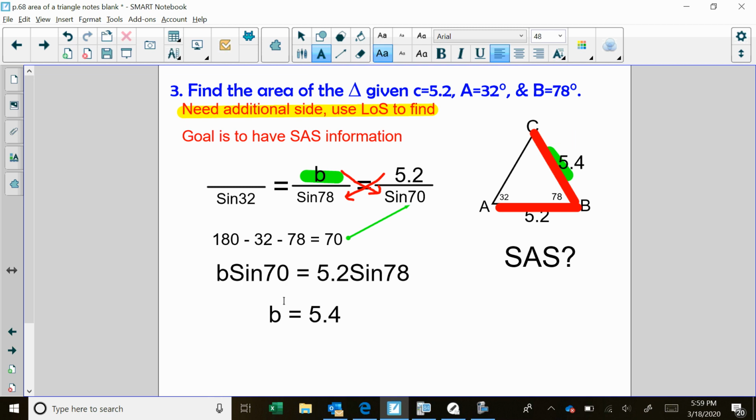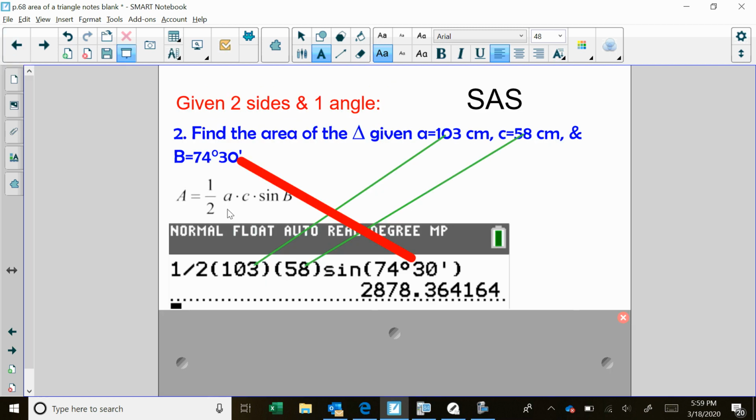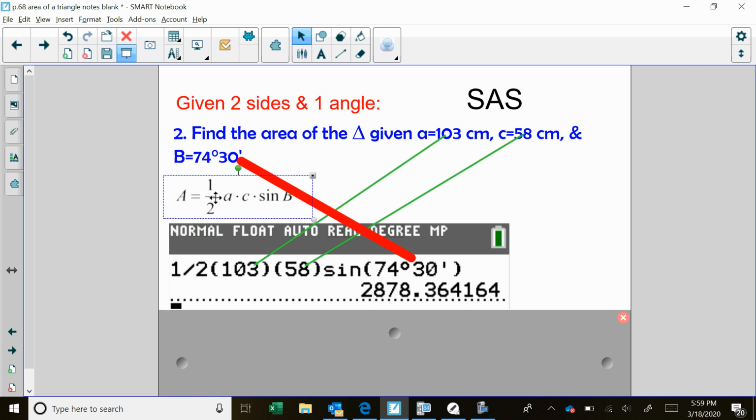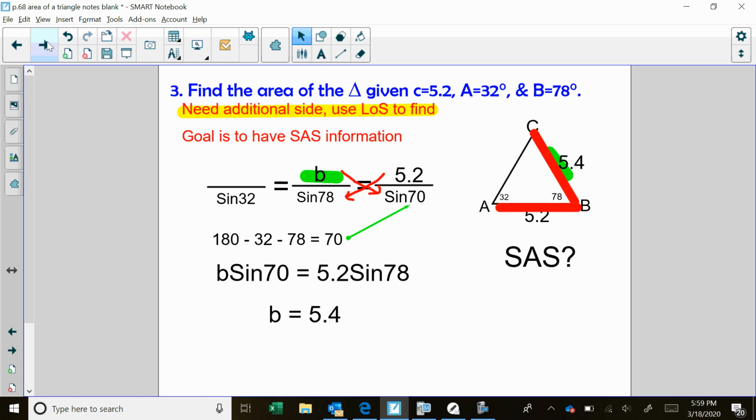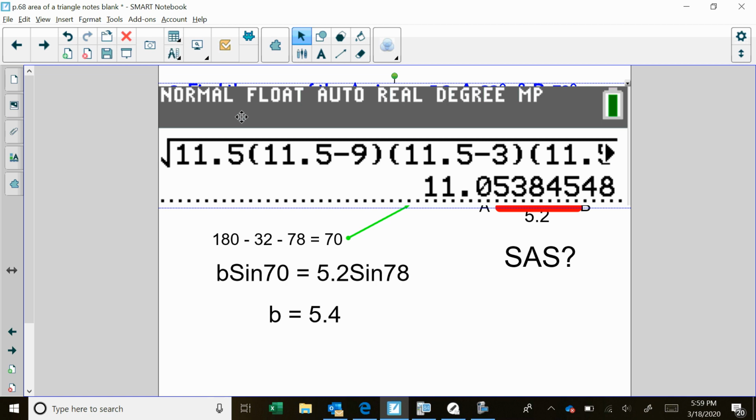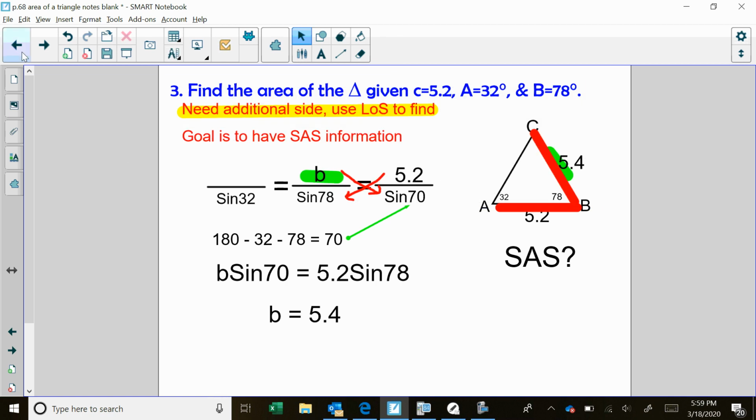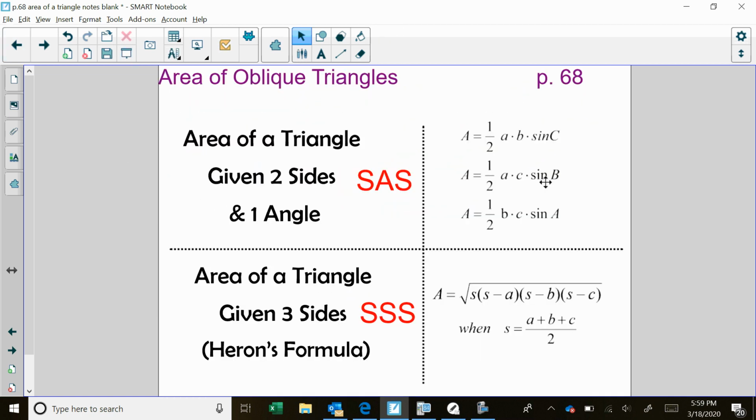All right, so all of that was just so we could use this formula right here. Okay, let's try that again. Let's go back to the front. All right, so what angle do we have on that slide?